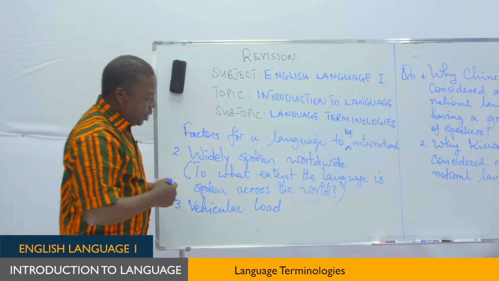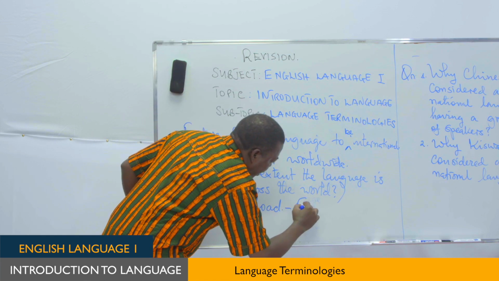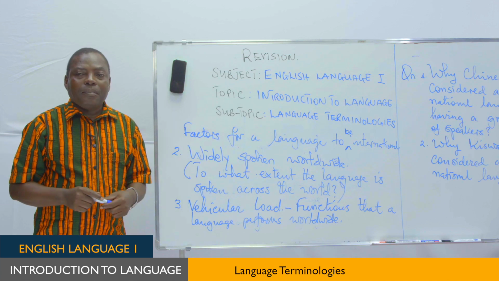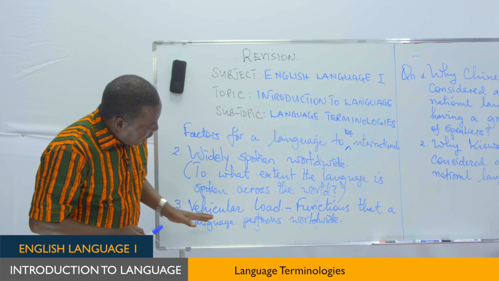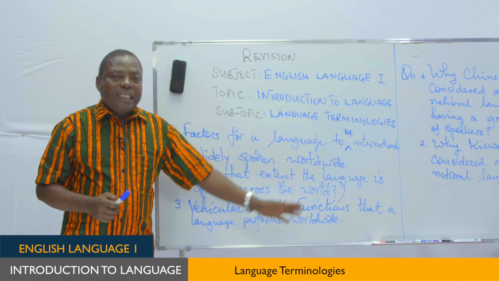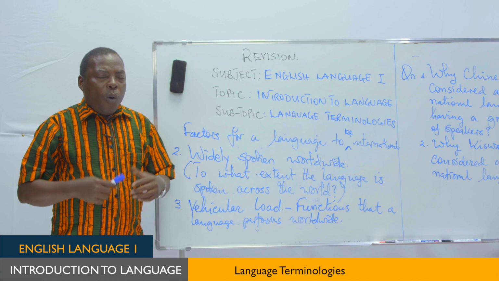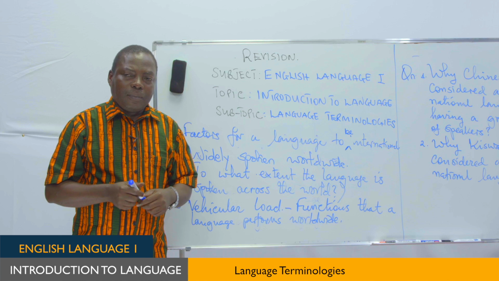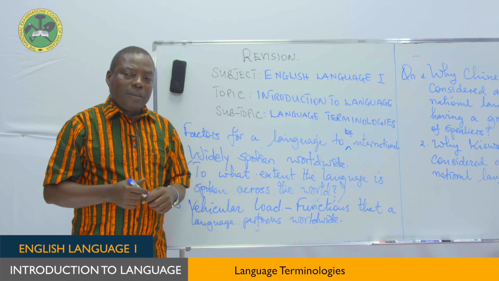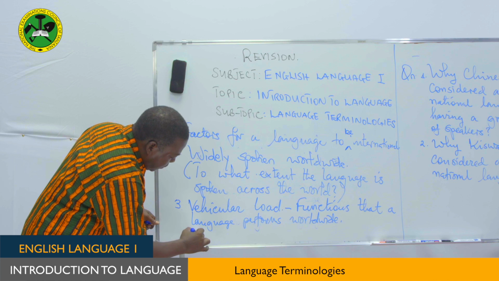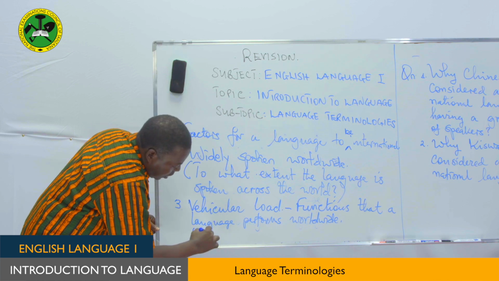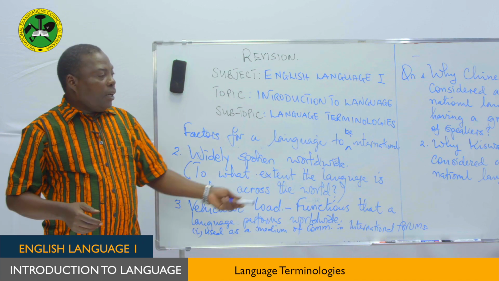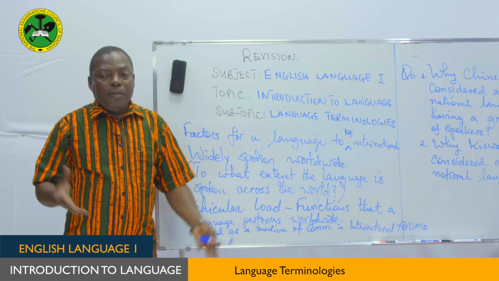But in simple language, we simply say the functions that a language performs worldwide, or internationally. What functions does the language perform? You know, there are several functions. One, it could be used as a medium of communication in international forums. This is one of the uses.